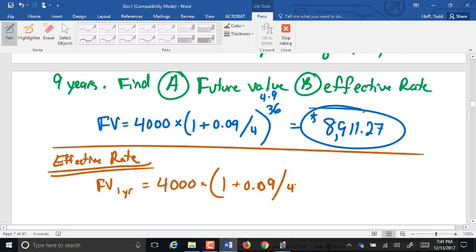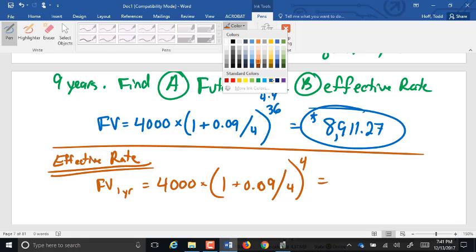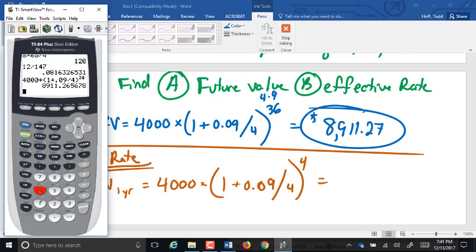No, Banker's rule is only for simple interest. So I've got the 4,000 times 1 plus 0.09 divided by 4, close, power 4. 4,372.33.